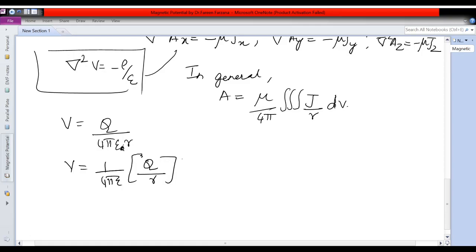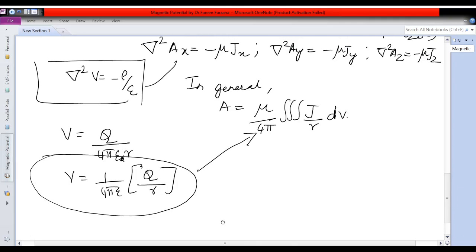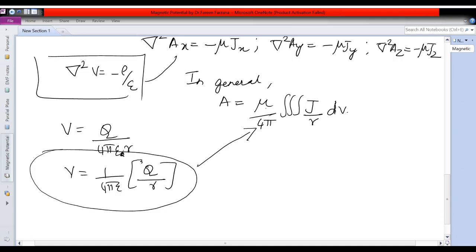So with the comparison with this electric potential, we are going to write our magnetic potential equation. Here also 1 by 4 pi is a constant, epsilon is the permittivity in your electric field, and mu is your permeability.